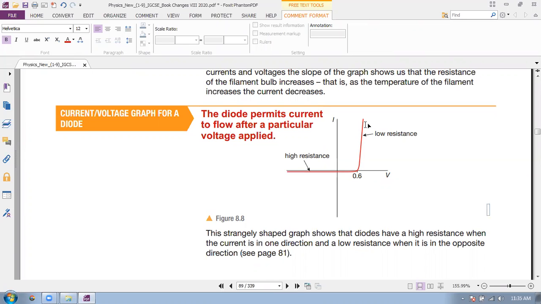Then only does current flow and resistance becomes low. So this is the IV characteristics curve for a diode. Remember, IV characteristics curve for a diode.